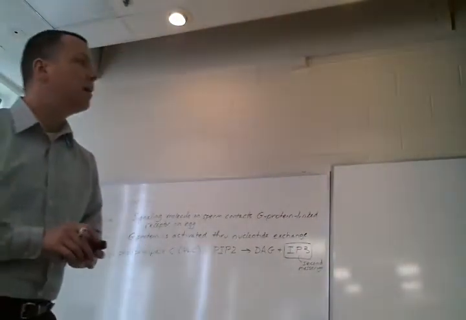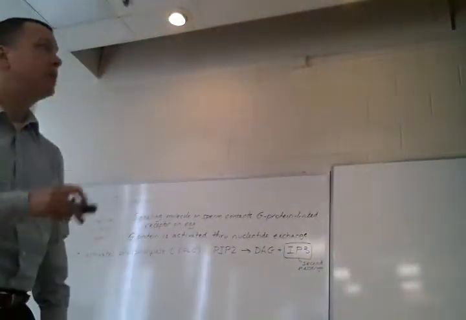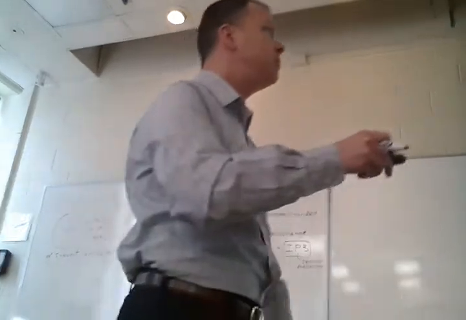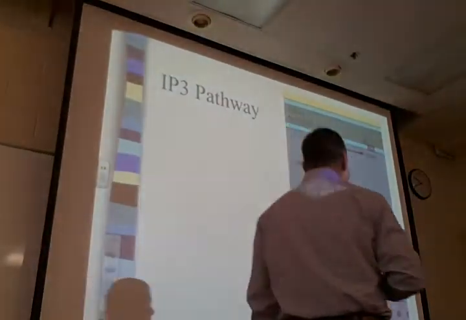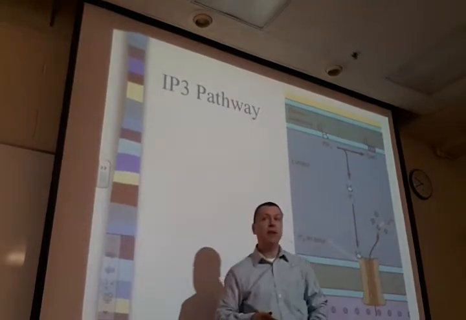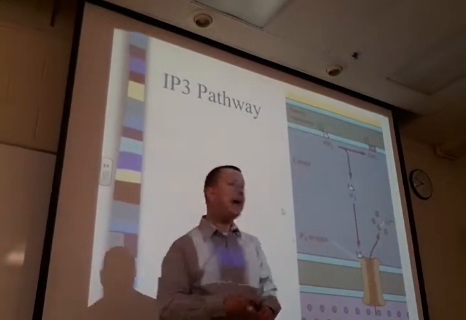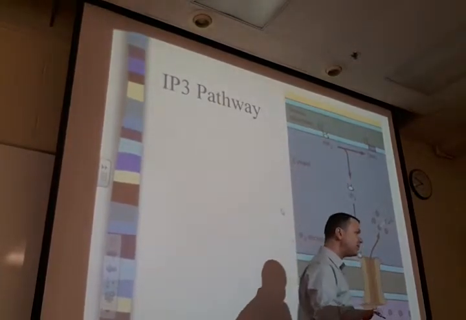If you like structures, here are the structures of these things. I didn't memorize it or anything, but if you like having chemical structures, that's what it looks like. Okay, so what is this IP3 going to do in the egg? Well, the IP3 is going to bind to an ion channel linked receptor inside the egg, specifically in the membrane of the ER.